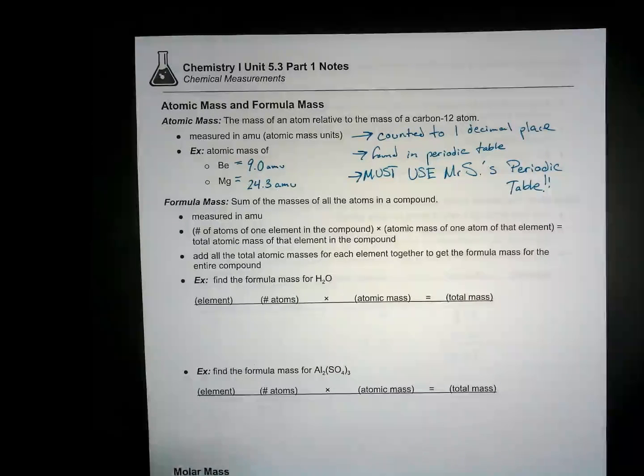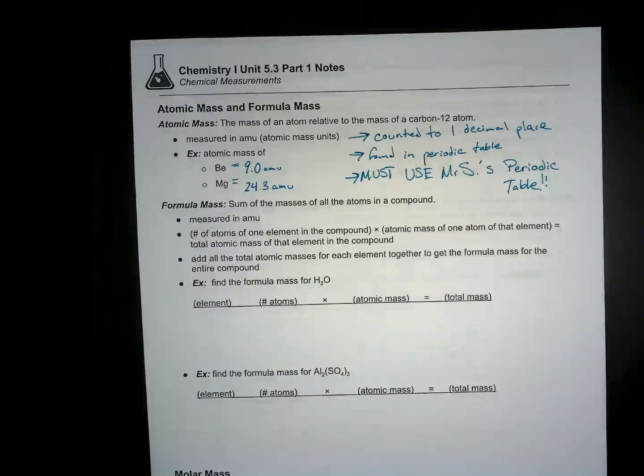But I'm establishing it now: they need to be from my periodic table. And if they're not, they're wrong. It's not because they're incorrect. It's because in order for this to be as streamlined as possible, we need consistent answers here. So you have to use my periodic table.